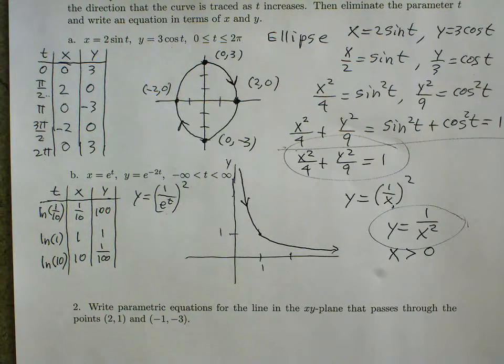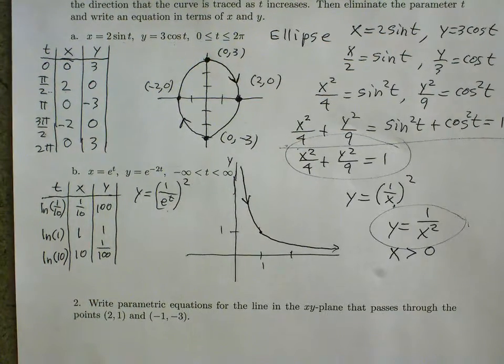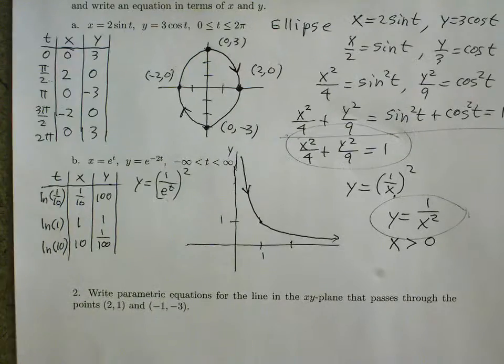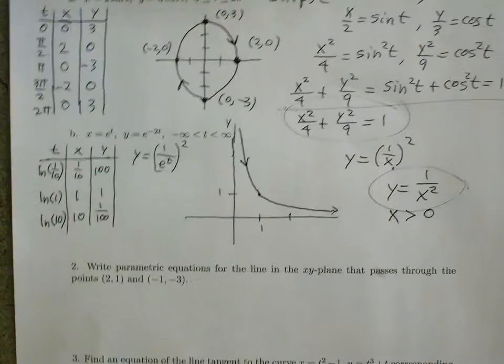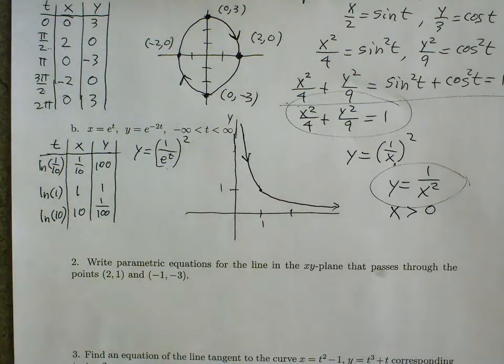Okay, the next problem, number 2, write parametric equations for the line in the xy plane that passes through the points (2, 1) and (-1, -3).